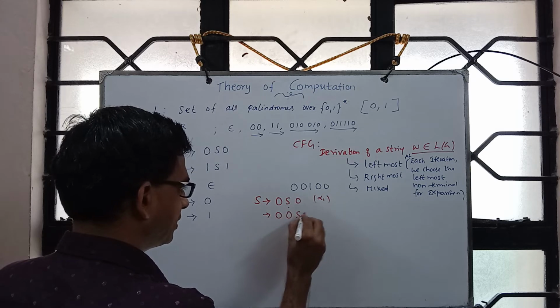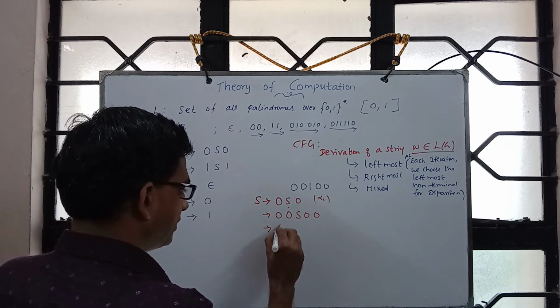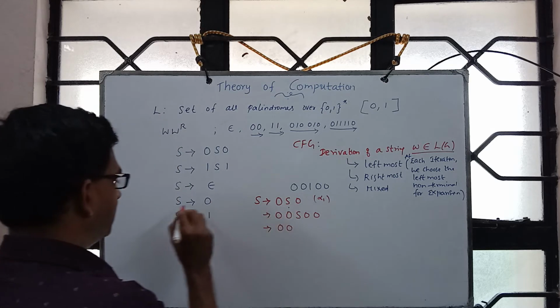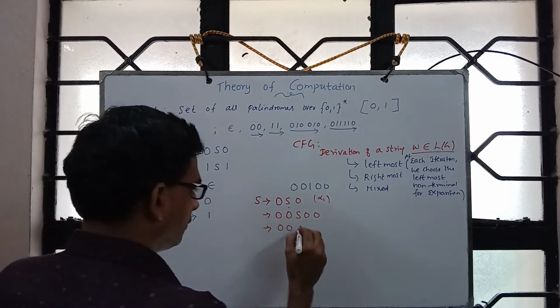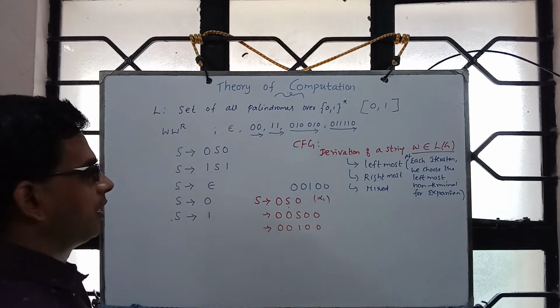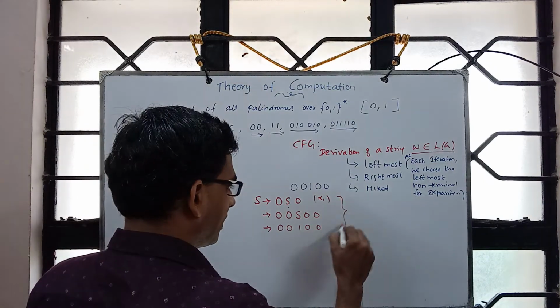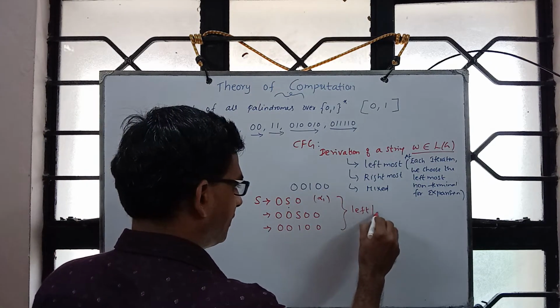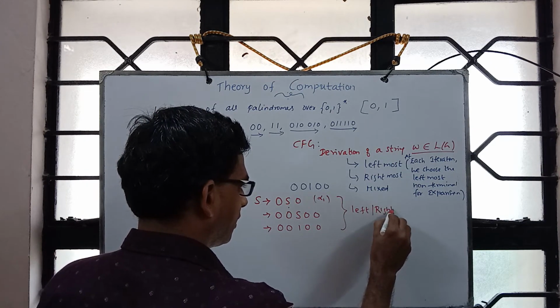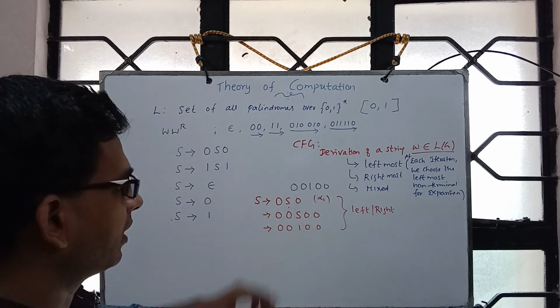So again I choose this. Then I choose this production to replace this, so I get this. So as far as this one is concerned, the left and right are one and the same, because you have exactly one non-terminal.